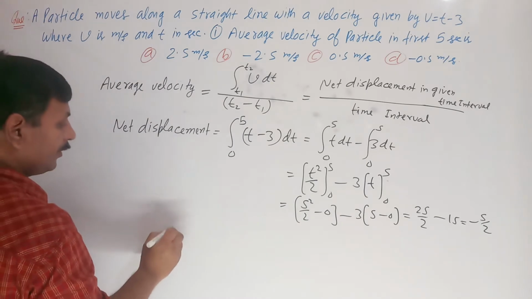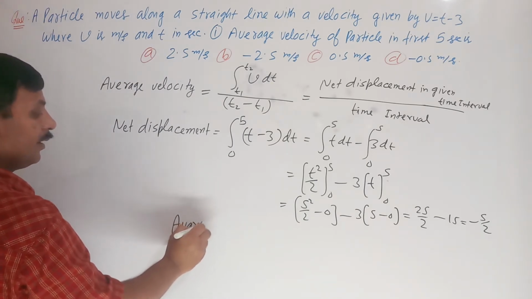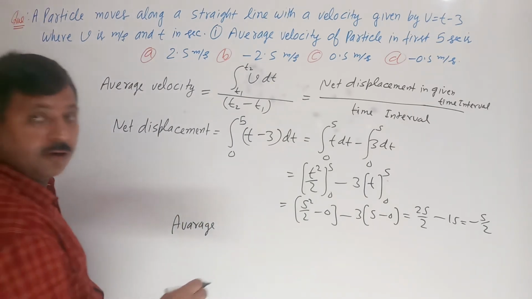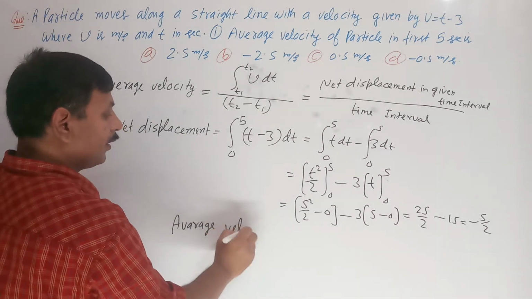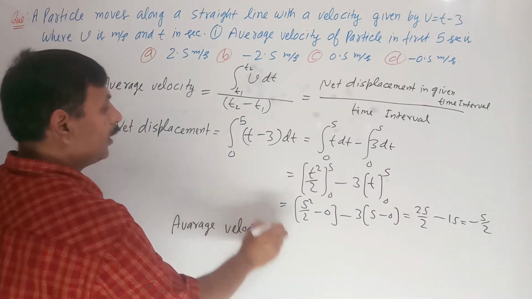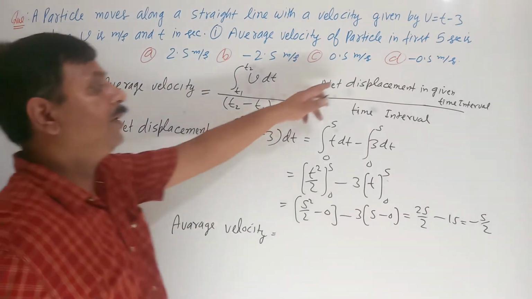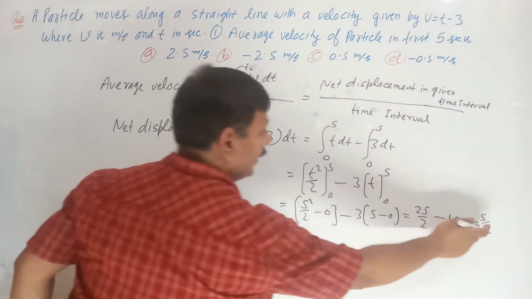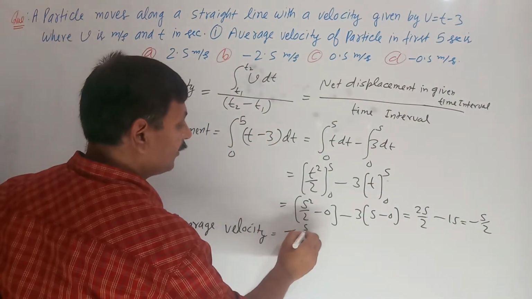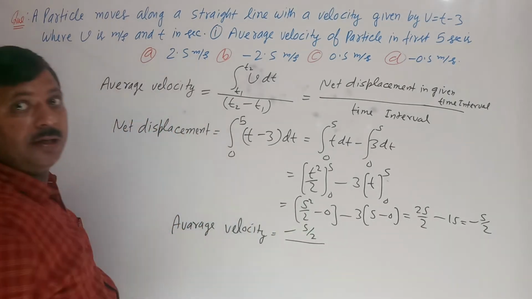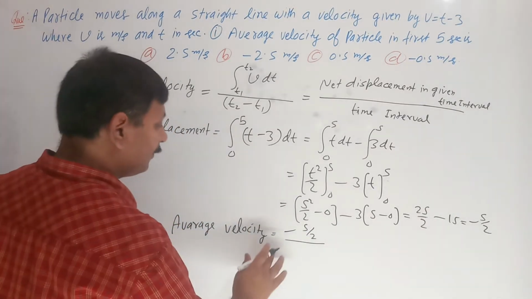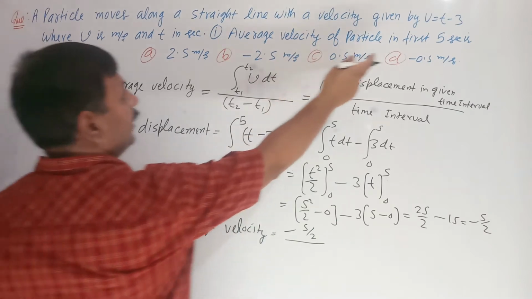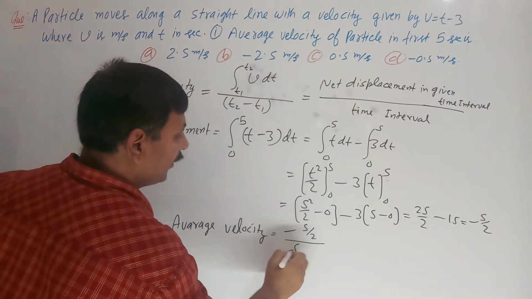So what will be the average velocity? Average velocity is equal to net displacement upon time interval. Net displacement has come minus 5 by 2, divided by the time interval t2 minus t1, that is 5 minus 0.